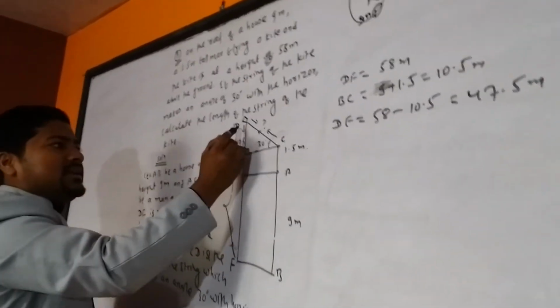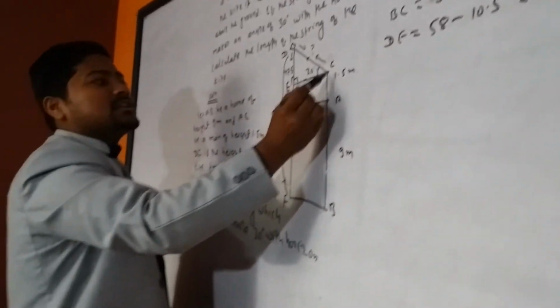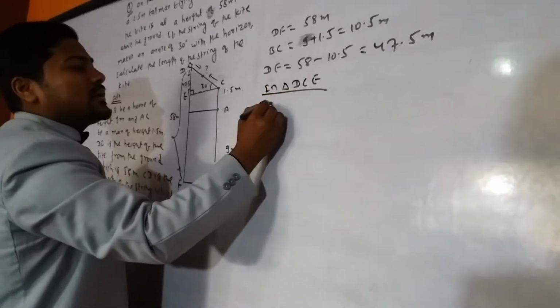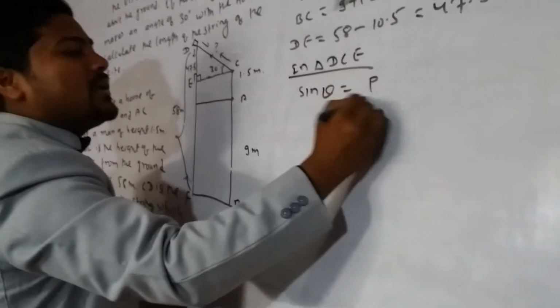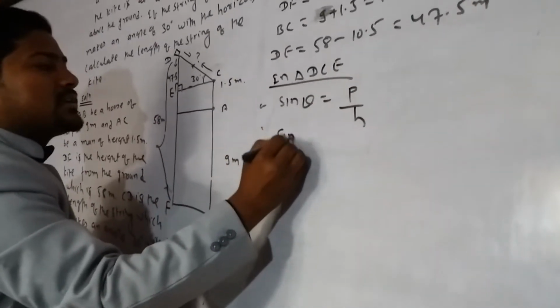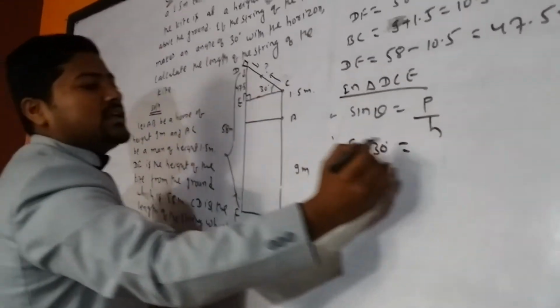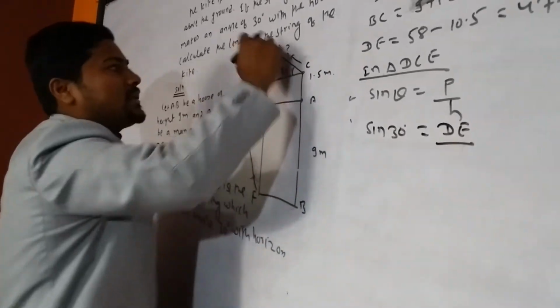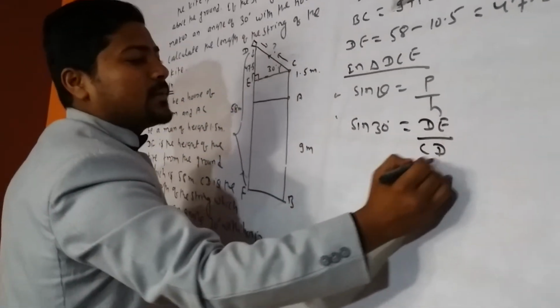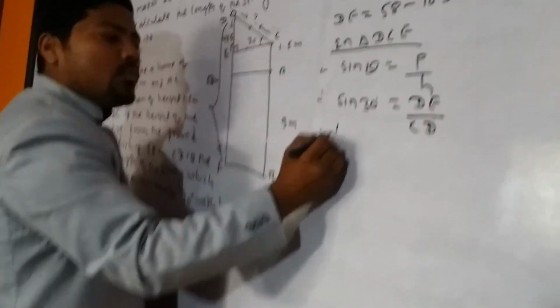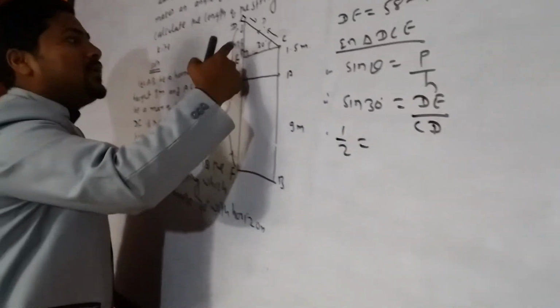In triangle DEC we can write sin theta equal to P by H. Theta is 30 degrees. P means DE and H means CD, the length of the string we have to find. Sin 30 value in calculator is 1 by 2, and DE value is 47.5.